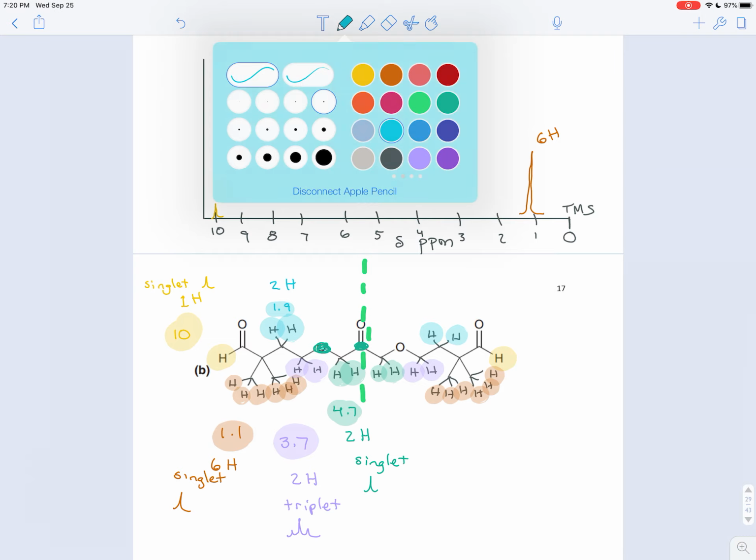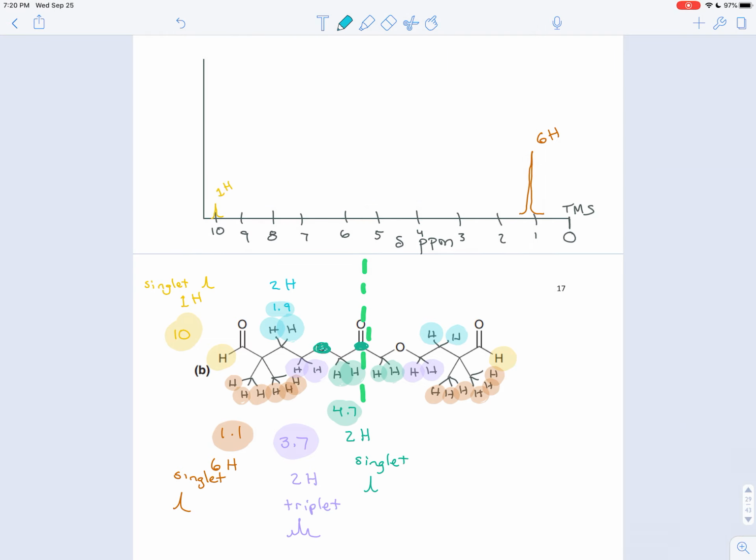The blue, we have a singlet. This was going to be a singlet, right? Because there were 0 adjacent hydrogens, so a singlet. Or I'm sorry, a triplet. If you look at these hydrogens, I'm sorry that they got erased. If you look to the left, there are no hydrogens on the adjacent carbon. If you look to the right, there are these 2 hydrogens.